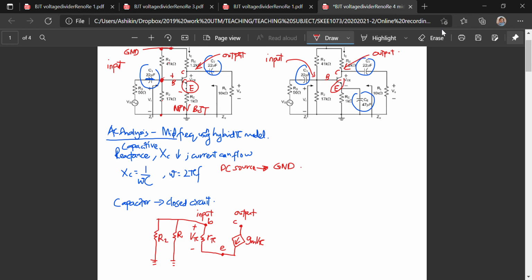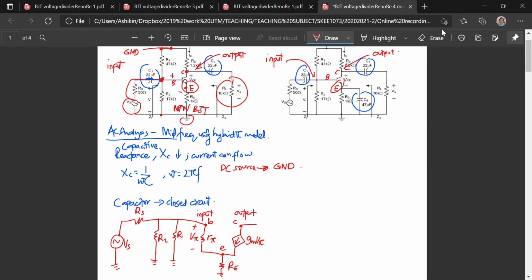And then connected to the base is RS and also VS. So we complete the base part. Then from our emitter here, we have RE, so we need to draw RE. RE is connected to ground. And then at the collector part, we have a resistor RL and also Vout.